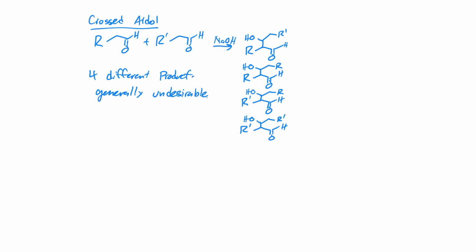So how do we prevent this? There are a couple of techniques we can use to prevent this crossed aldol 4 different product outcome from happening. First way we can do this is use a compound with no alpha hydrogens.